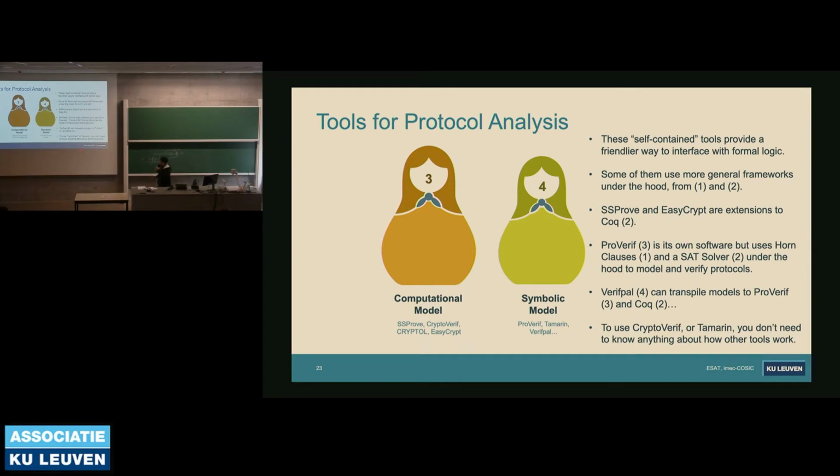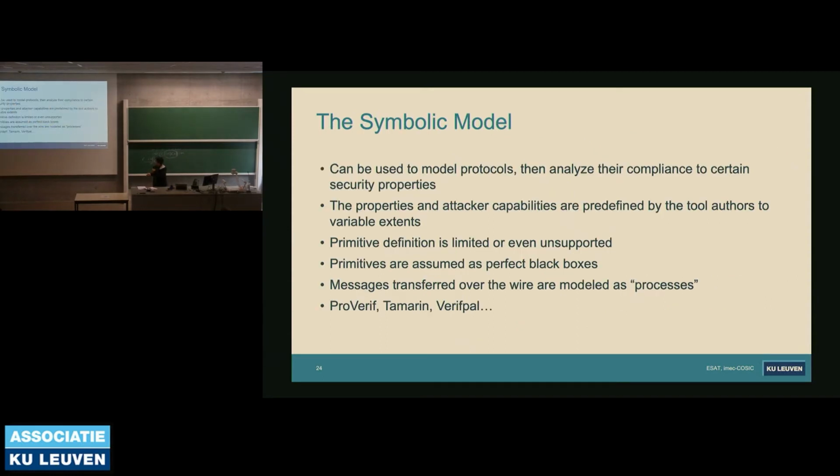Also, to use any of these tools, they are kind of self-contained. You don't need to learn how the math works underneath. You can just use it as an independent thing. So let's talk about the symbolic model a bit. In the symbolic model, for example, when we assume an encryption function, we don't care if AES is used or RC4 or whatever mode.